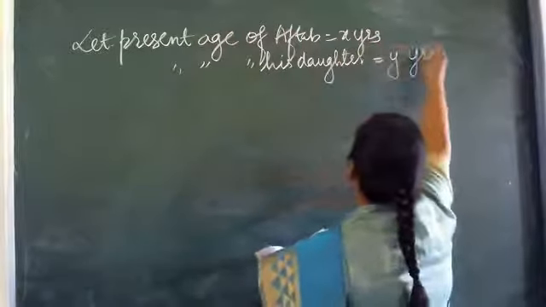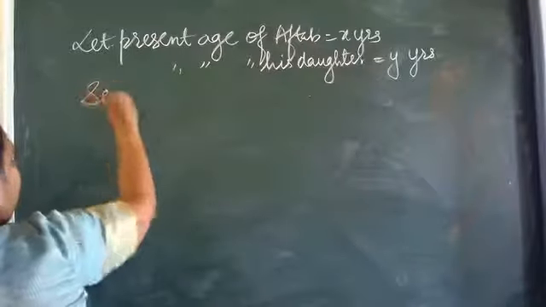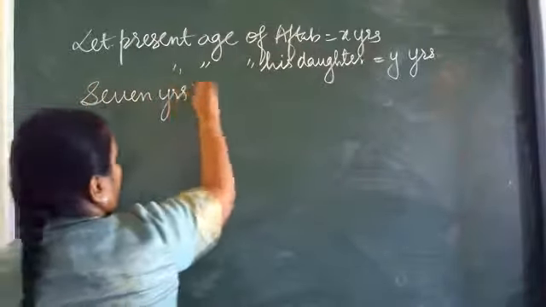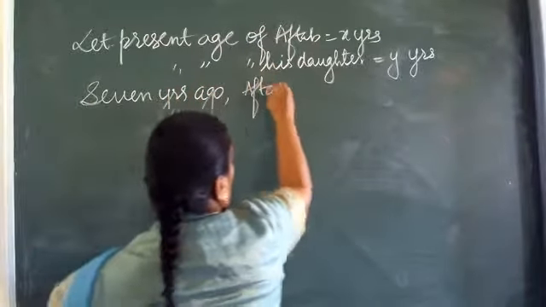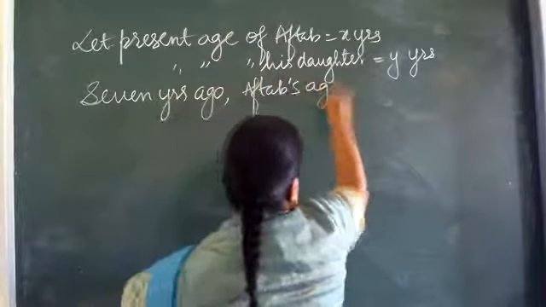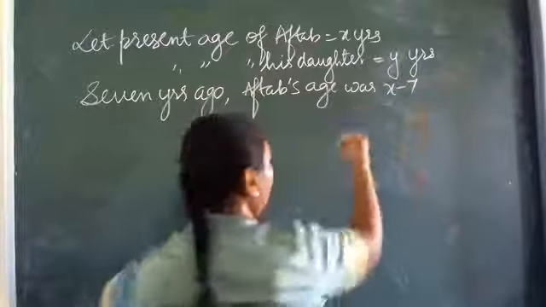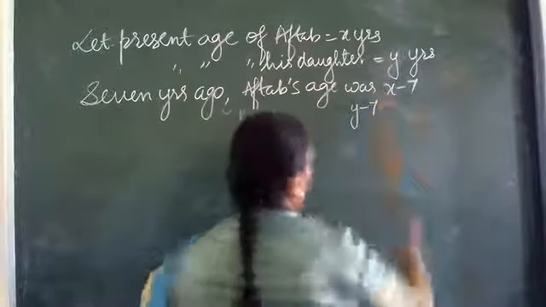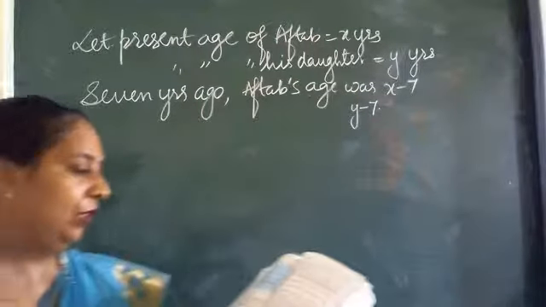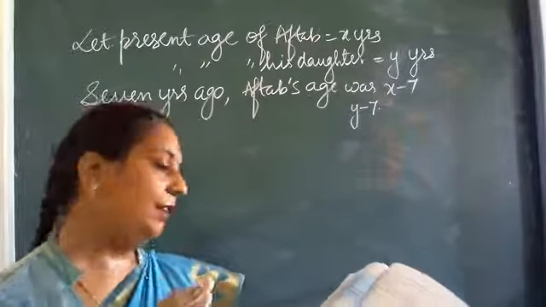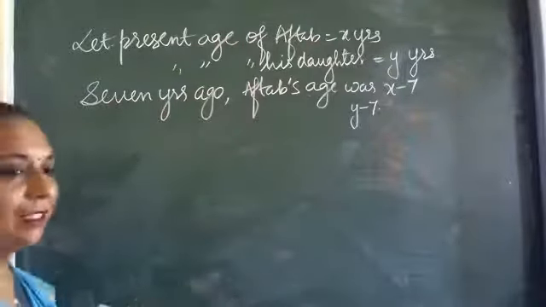Now 7 years ago, Aftab's age was x minus 7 and his daughter's age was y minus 7. The condition given is that Aftab was 7 times as old as his daughter then.